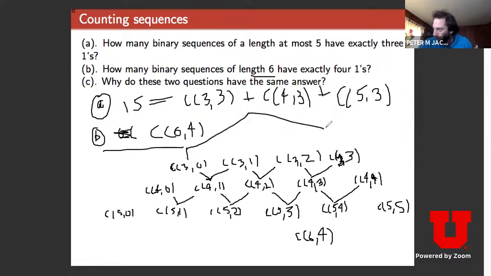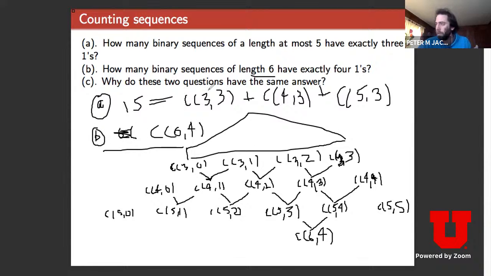But 5 choose 3 with 5 choose 4 is 6 choose 4. So the answer to B was 6 choose 4.